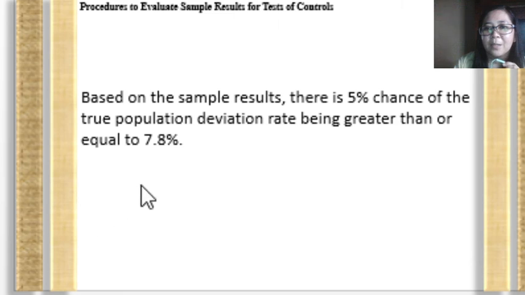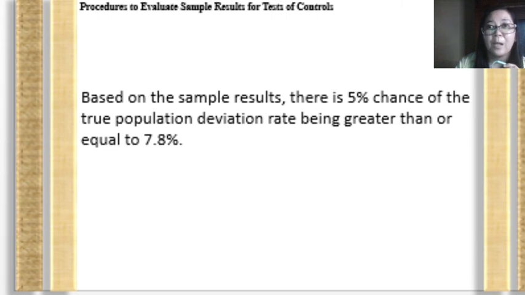Based on the sample results, there is a 5% chance that the true population deviation rate is greater than or equal to 7.8, because in this case there is a 5% risk of over-reliance on the internal control. But all of these are just hypothetical. This is how it is done.